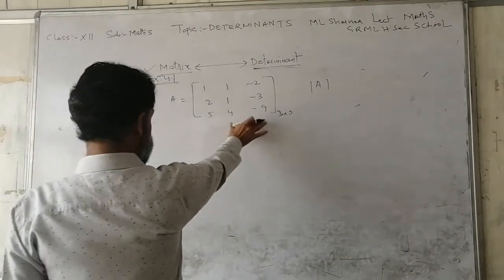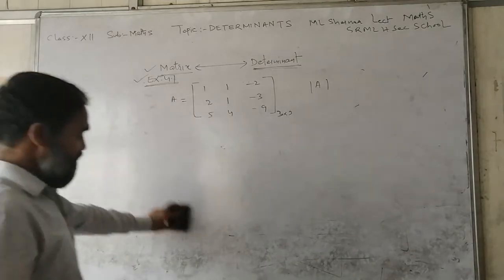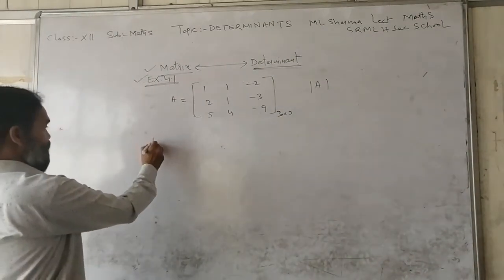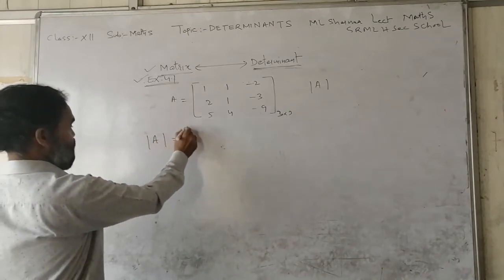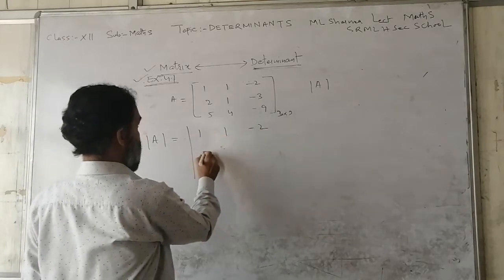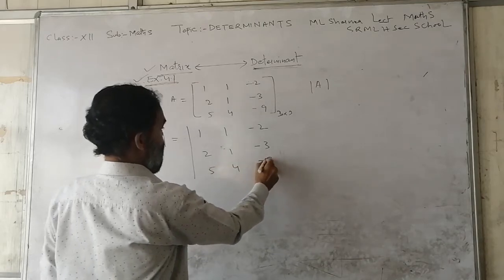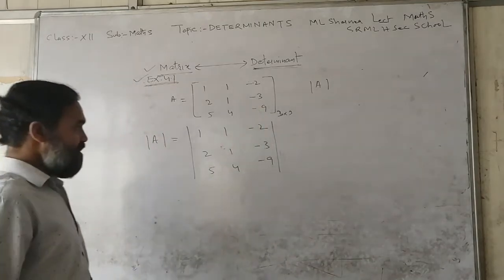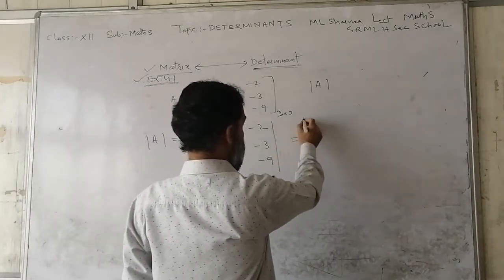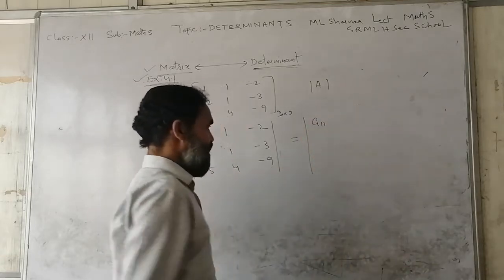So this is the question given in the exercise. So how can I find it? Let us see. This determinant A can be written as, now this is equivalent to, this is the first element, I can write it as A11.